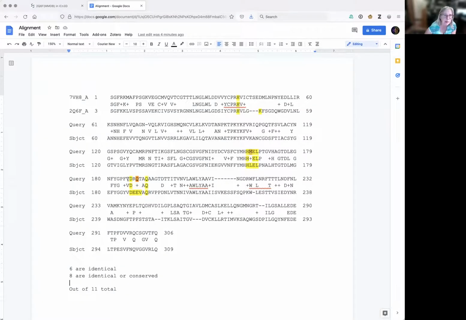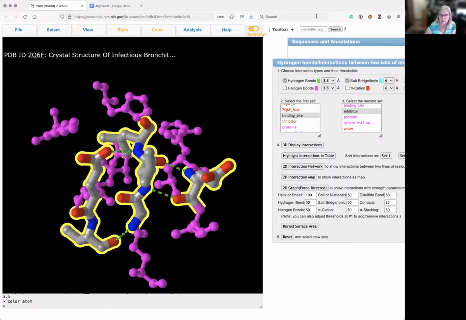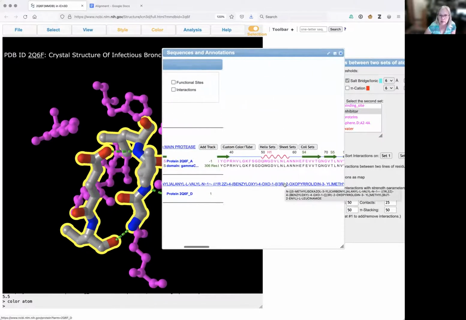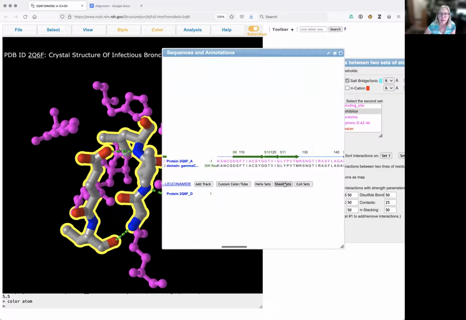Let's see what we can see about that. Glutamic acid 187, oh, actually, I should see that in my sequences and annotations. Oh yeah, there it is. So it's the E in the DEEV.